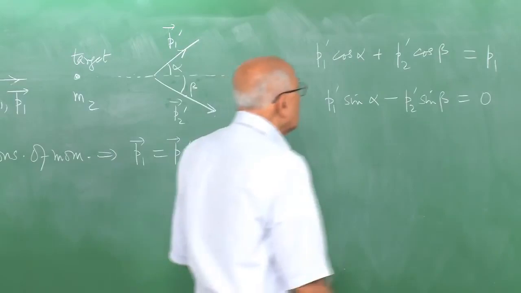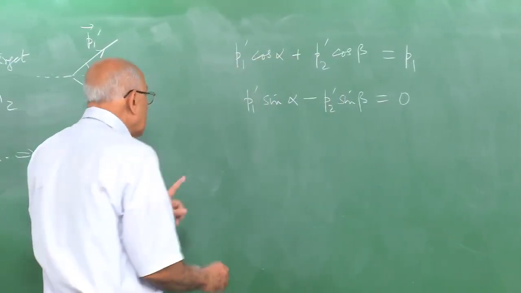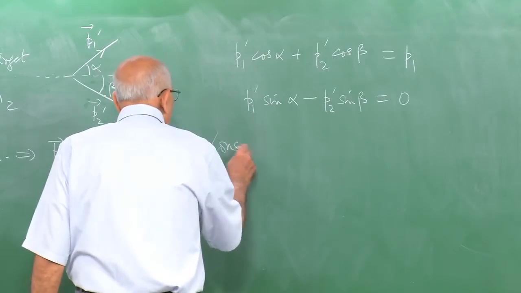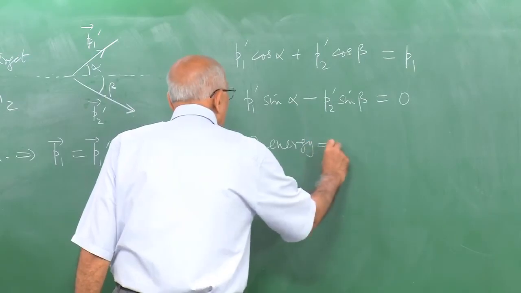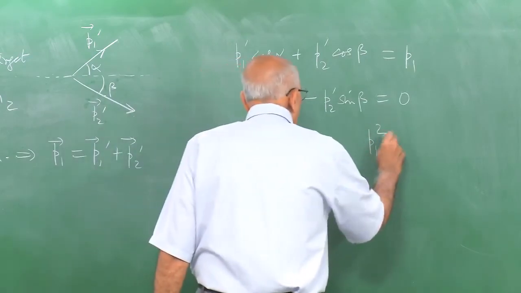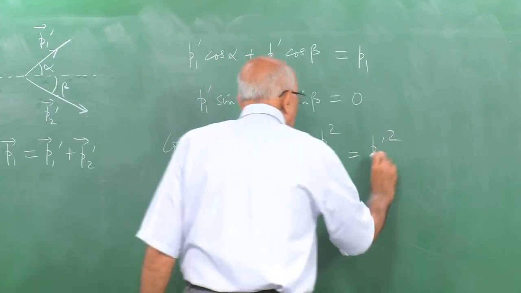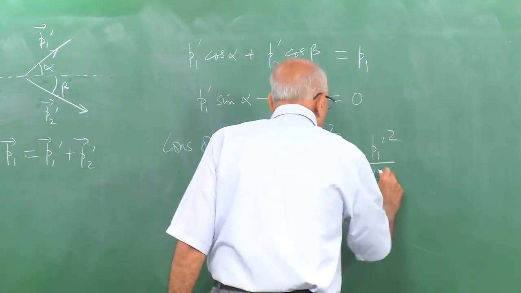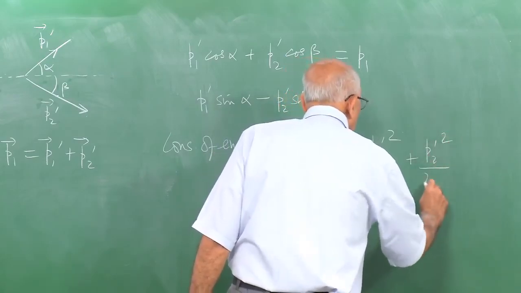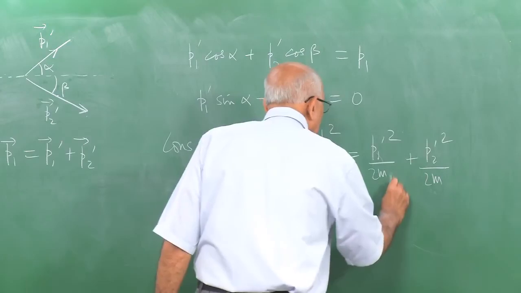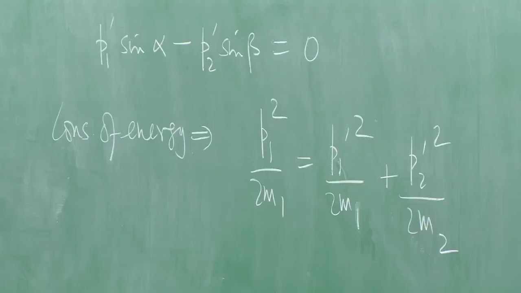So these two imply conservation of momentum. The conservation of energy, on the other hand, is a quadratic relation. Conservation of energy implies P1 squared over 2m1 must be equal to P1 prime squared over 2m1 plus P2 prime squared over 2m2, since the masses are unequal.